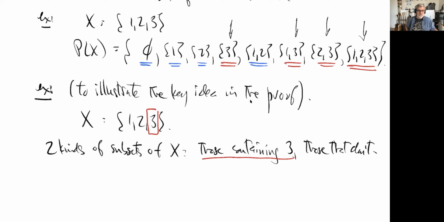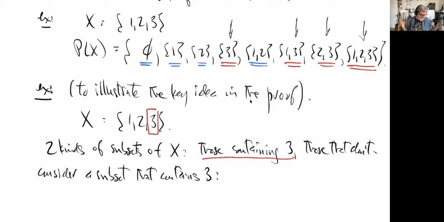And there's a nice reason for this. If you consider a subset that contains 3 and remove 3, obviously you get back a subset that does not contain 3. But you see that if you do that, you will get every single subset that does not contain 3.